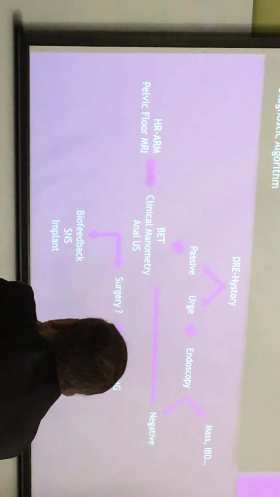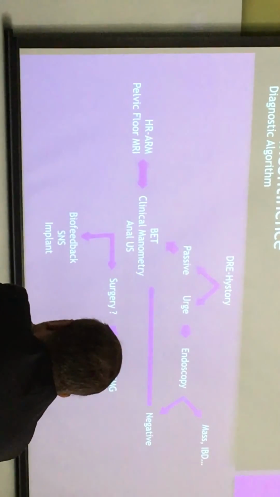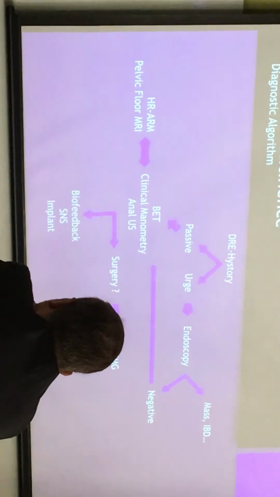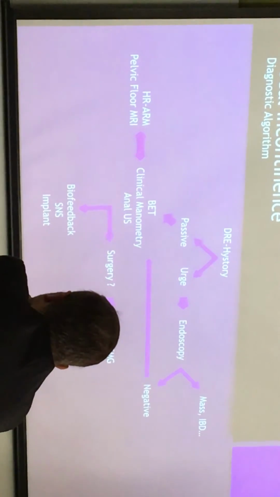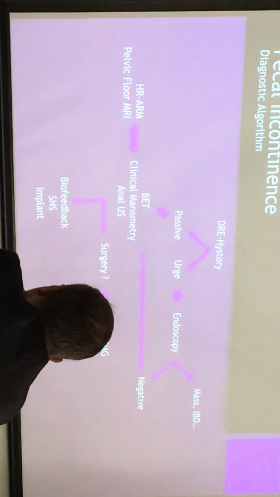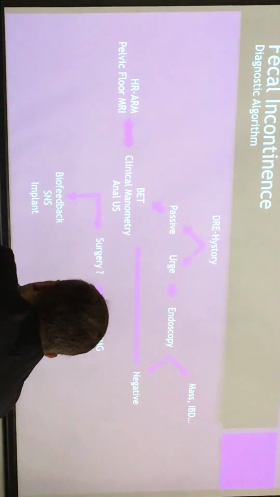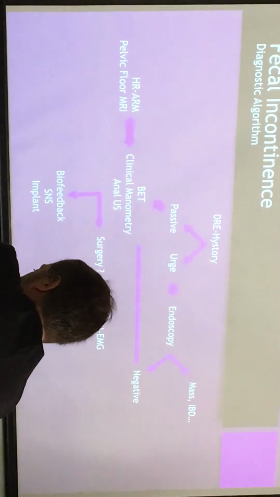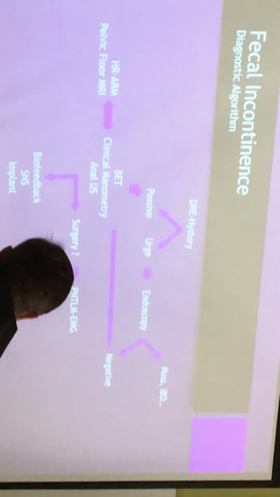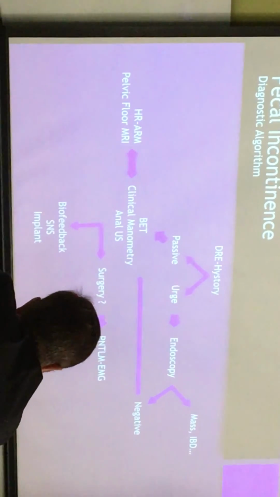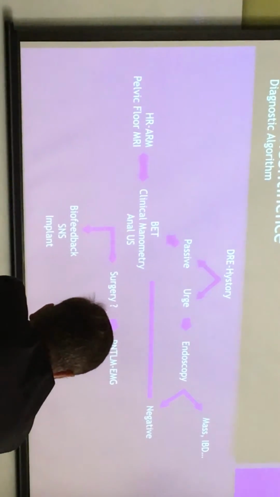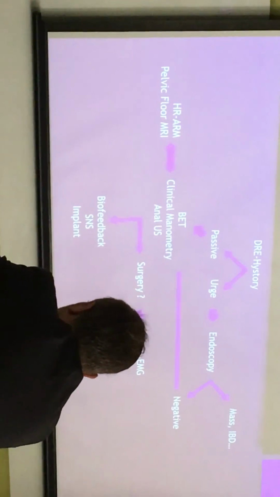If we think the patient is suffering from urge incontinence, then go to endoscopy, because urge incontinence is much more likely to be associated with something in the rectum, whether it's inflammation, infection, or a tumor. And whatever we find from the anatomical point of view, we treat this first.